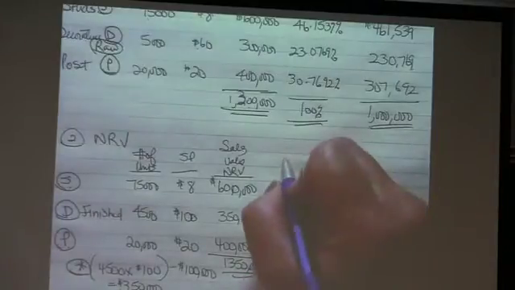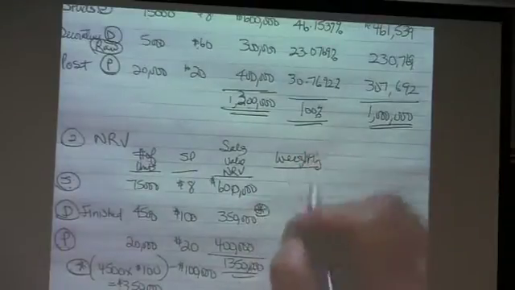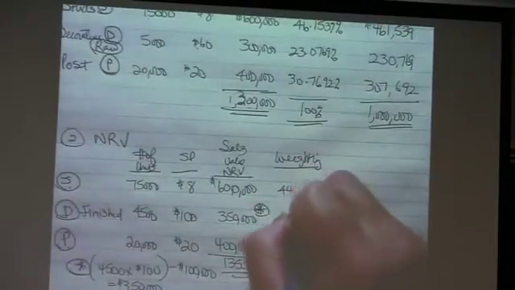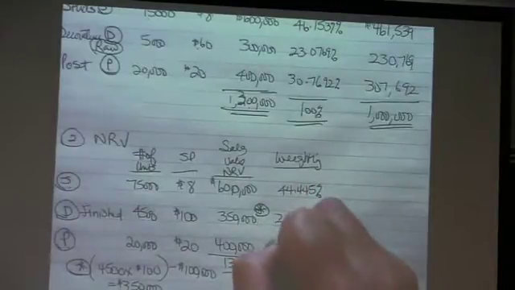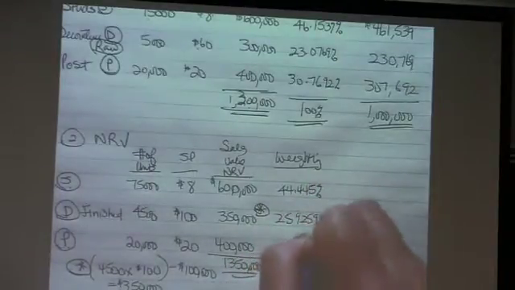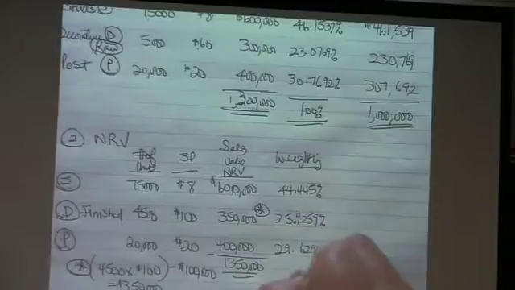And we're going to do the relative weighting again. This is 44.445%, 25.9259%, and 29.6296%.